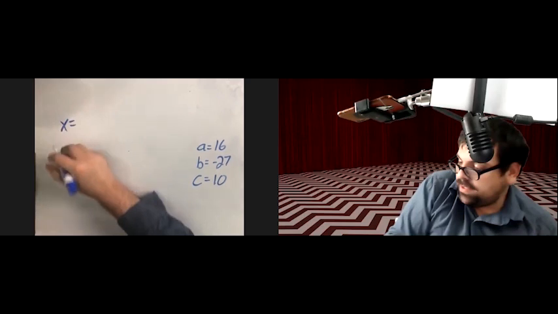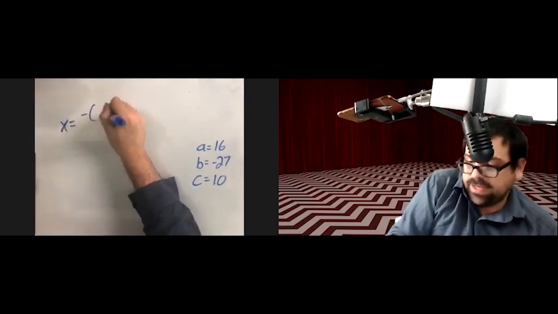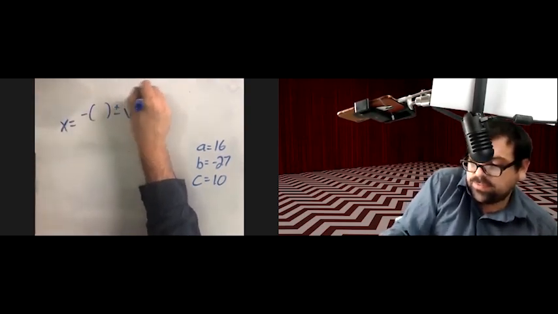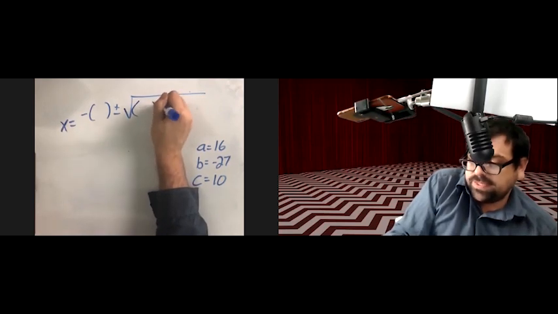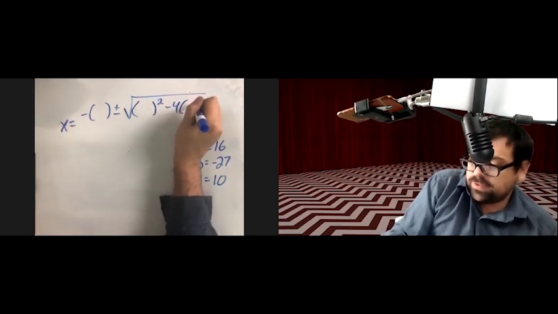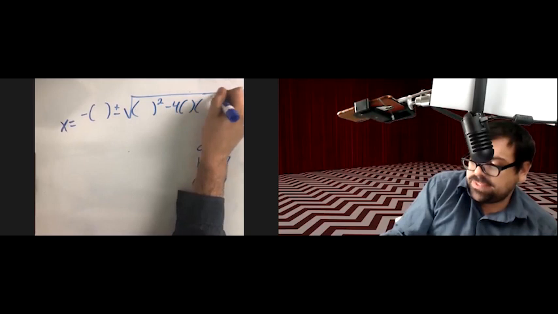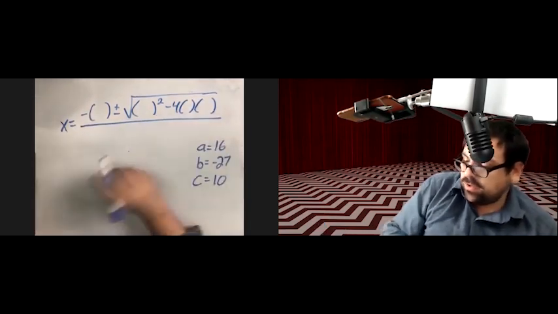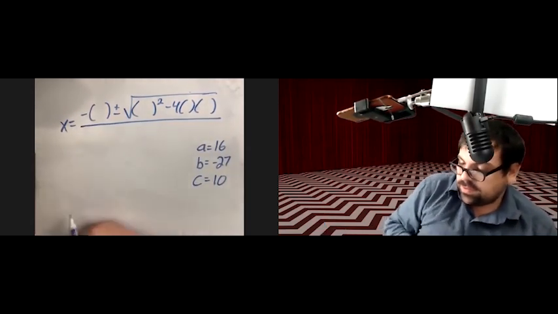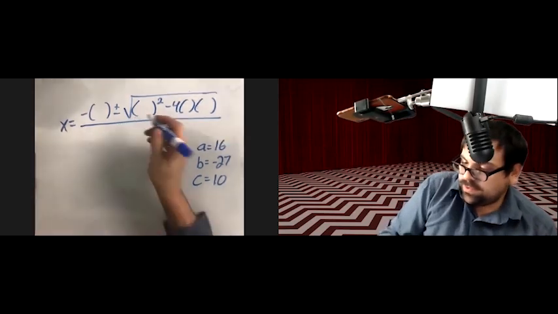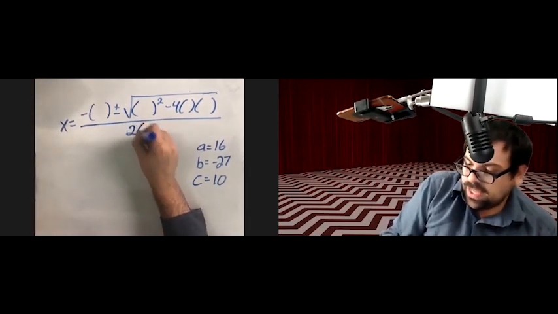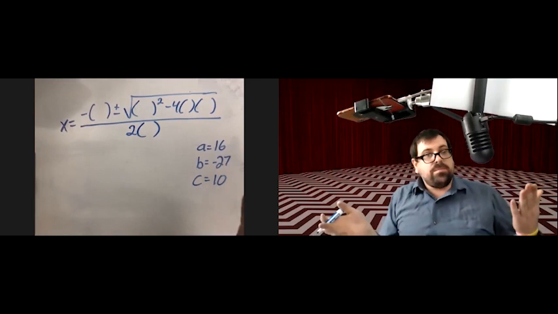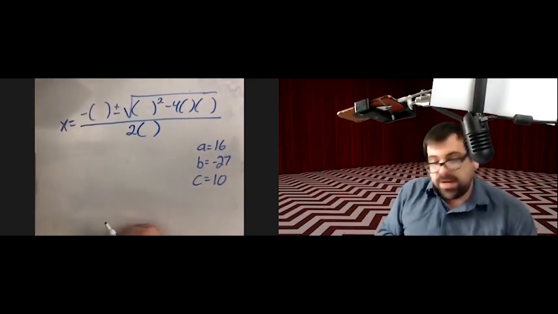This is going to be negative b plus or minus the square root of b squared minus 4 times a times c, all over 2a. Now I just left blanks. I'm going to go through and put in my numbers.